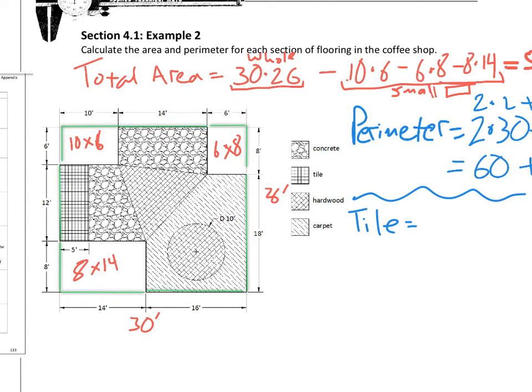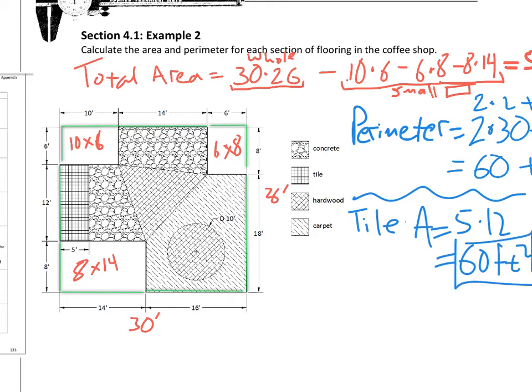This is our copy shop, so this is probably where the espresso machine and the counter are. The area is going to be a rectangle, so 5 times 12. Area equals 5 times 12, which is 60 square feet. So we need 60 square feet of tile. That wasn't too hard.